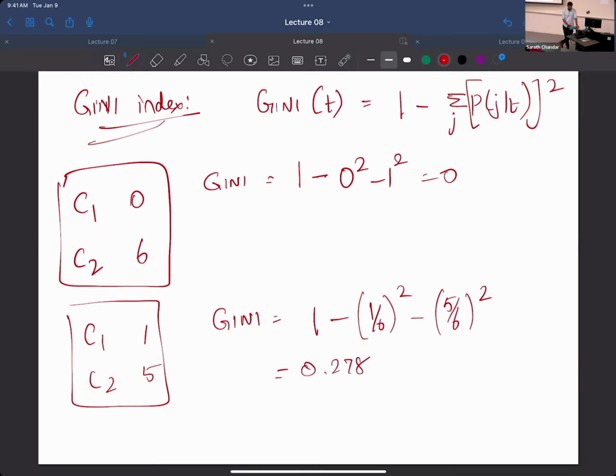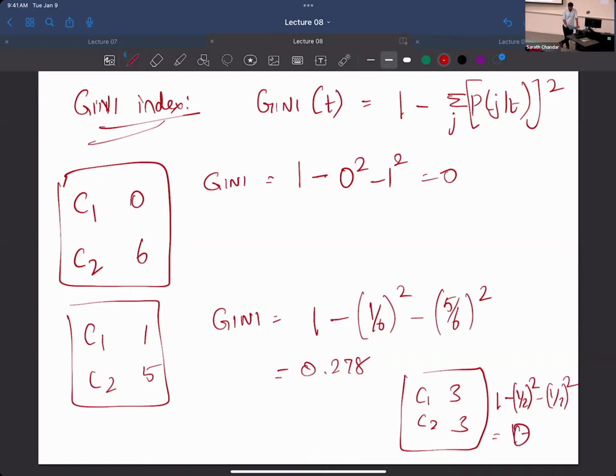So what do you think would be the Gini for like a completely heterogeneous node? Like, for example, I have C1 being 3, C2 being 3. So what would be the Gini for this? Is it 1? So it's going to be 1 minus half square minus half square.